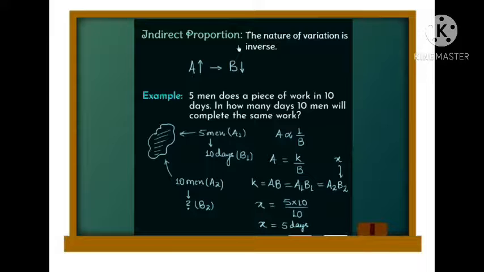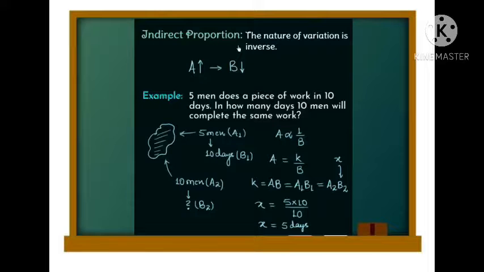We will have equal to, and the constant k will be multiplied. We can say that constant k is equal to A multiplied by B, and k will not change for different values of A and B. So A1 multiplied by B1 will be equal to A2 multiplied by B2.